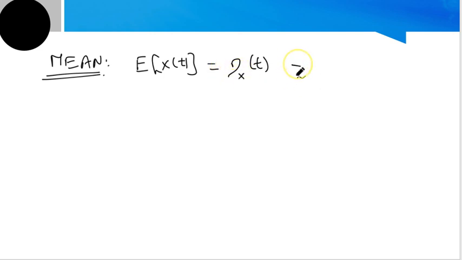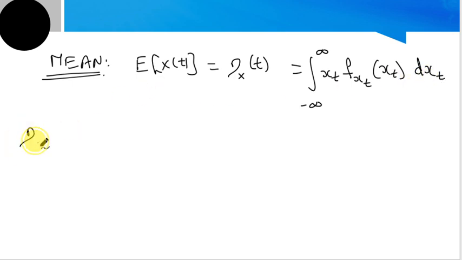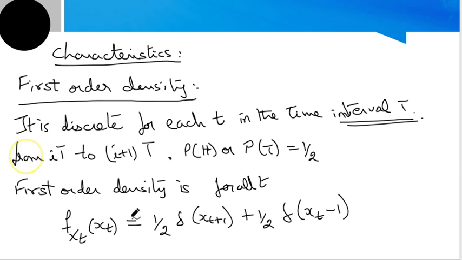Now this value is nothing but the integral from minus infinity to infinity of x(t) f x(t) of x(t) into dx(t). I am going to substitute for f x(t) from this equation.